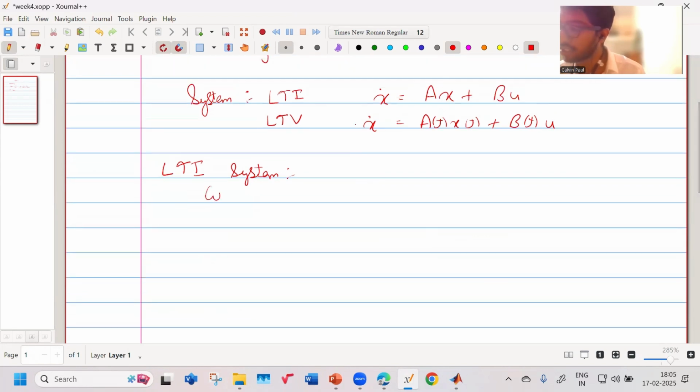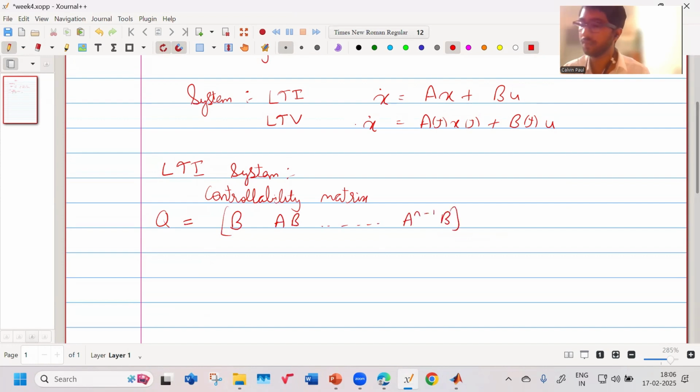We find what is known as the controllability matrix Q, and that is given by B, AB, up to A raised to N minus 1 into B. Okay, this is the controllability matrix.